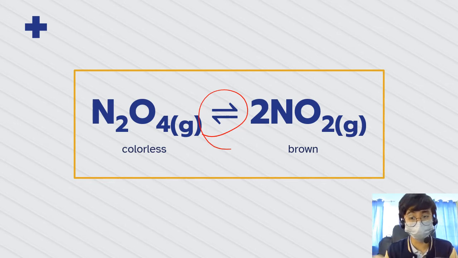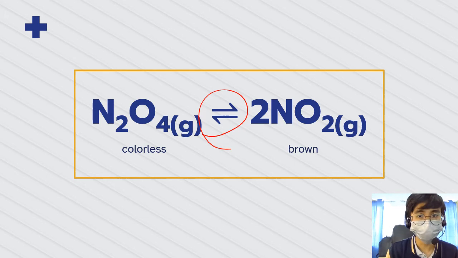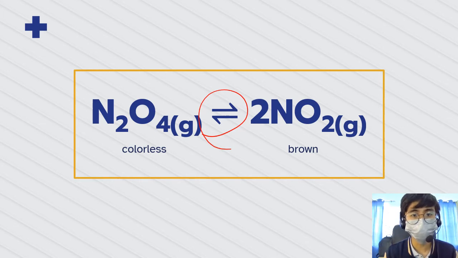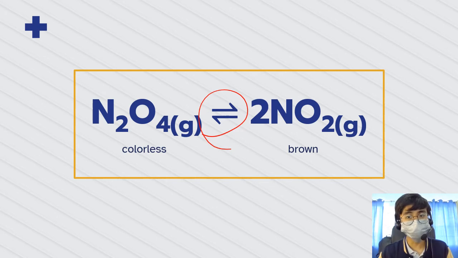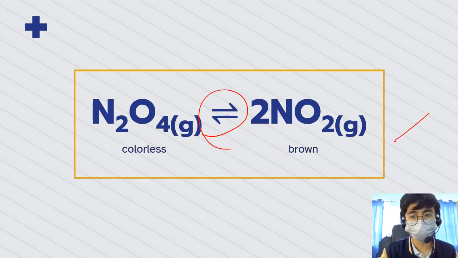You have the forward, meaning it goes toward the formation of the products. And you have the reverse or backward, this one towards the formation of the reactants. Thus, the decomposition of N2O4 that we discussed earlier is better represented by this chemical equation.